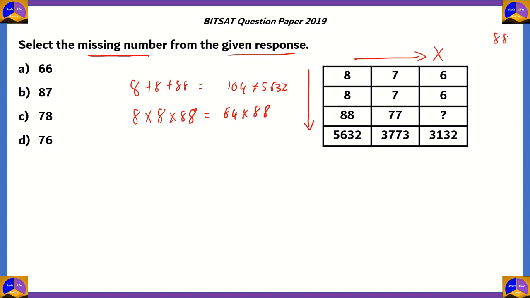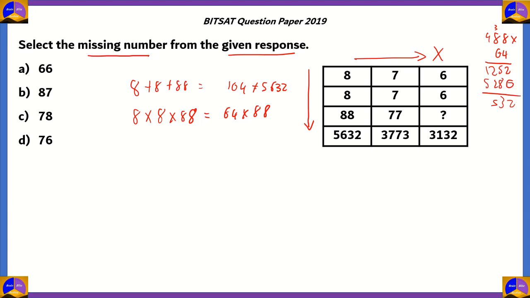So let's compute that here. 8 4s are 32, 8 4s are 32, 32 plus 3 is 35, 8 6s are 48, 8 6s are 48, plus 4 is 52. Wait a minute, let's calculate it again.